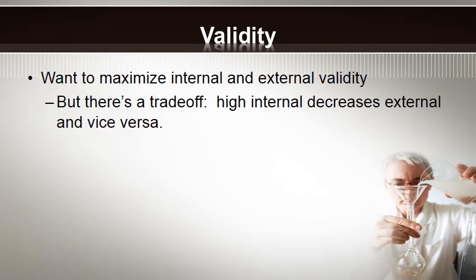High internal validity, if you're really controlling the environment and all of the factors, tends to decrease the external validity, because if you've controlled everything, then it probably wouldn't be something that could easily be replicated in a field experiment, and vice versa. So there is a trade-off, but they are both important, so you kind of want to pick a happy medium, I guess. Anyway, that's validity.